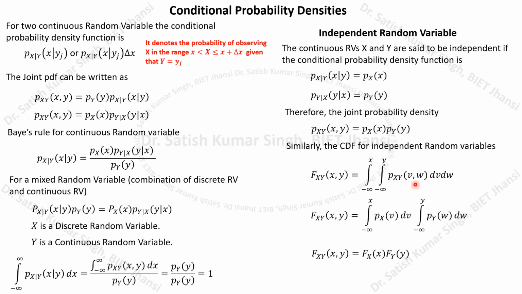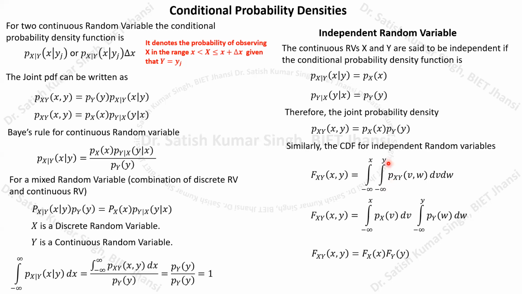I have just changed the dummy variables for integration purposes: it will be v and w, and we integrate with respect to v and w. The limits go from minus infinity to x, and from minus infinity to y.